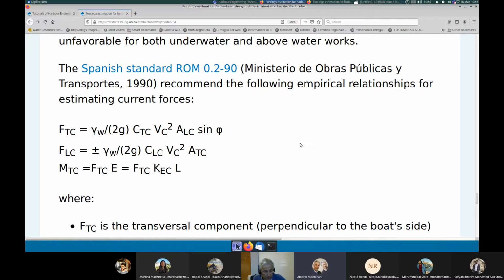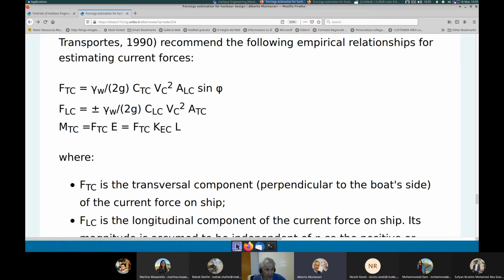A rotational moment: you have a formula for estimating it, but it is just estimated by multiplying the resulting force in the transversal direction times the, how to pronounce it, eccentricity.